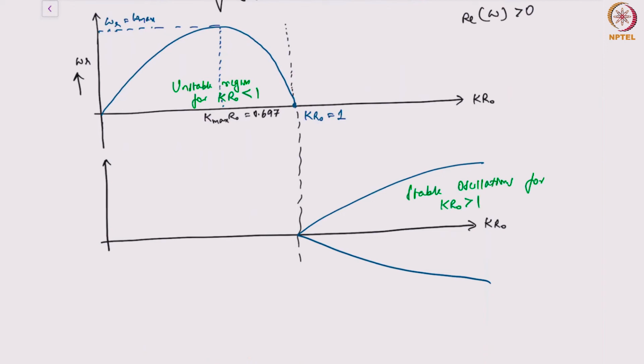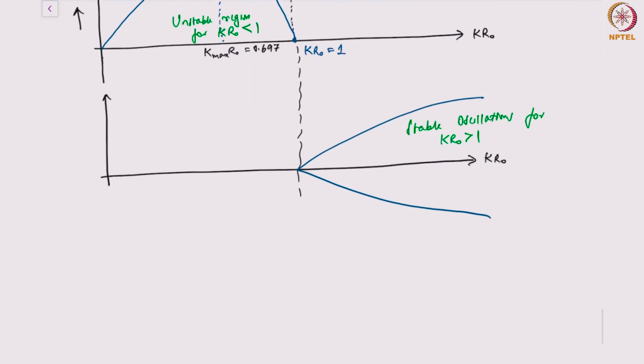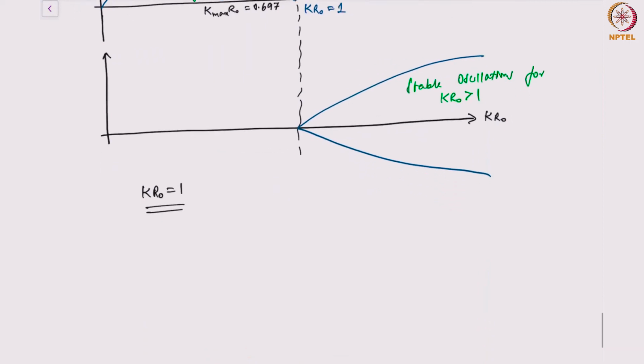Okay. So just to understand what is special about this k r naught, let's look at the k r naught equal to 1 condition. What does it mean? If you write the wave number in terms of the wavelength, note that the wavelength lambda is 2 pi by k.